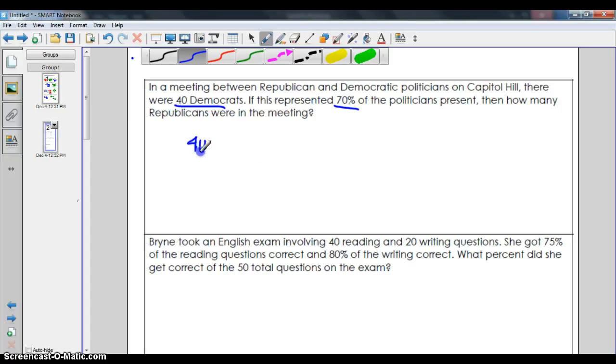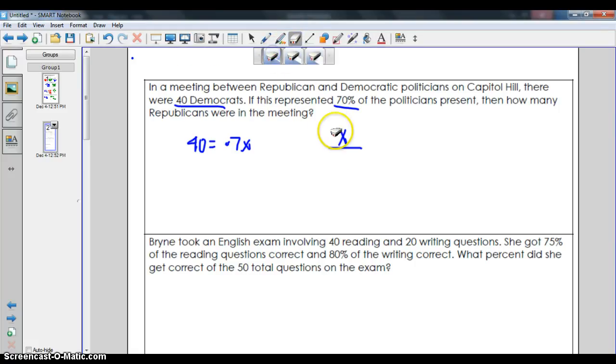So 40 is going to be equal to 0.7x, you could change it, so this is one way to do it, or you could set it up kind of like that ratio of x over 40 people over the unknown total. So we don't know how many people are there, right?